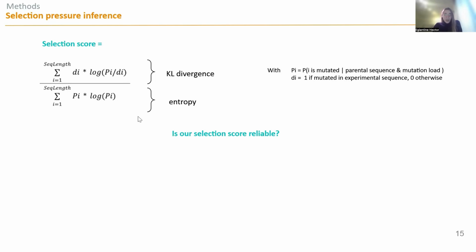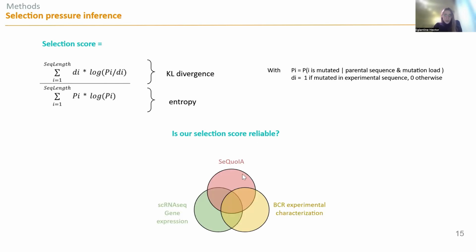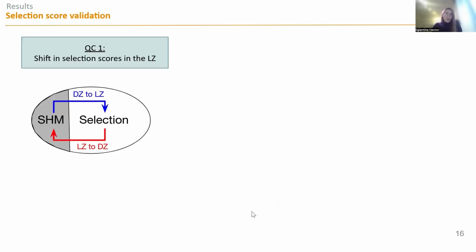And before applying our pipeline, we wanted to test the robustness of our selection score. To do that, we crossed SeQuoIA output with gene expression data, and if available, we also compared them with experimentally characterized immunoglobulin properties. So the first quality control was to check whether the selection imprint was detected in the right cell subsets.